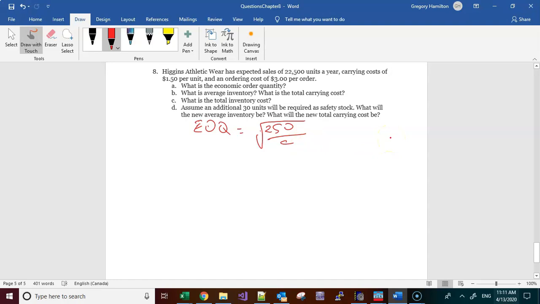So what do these represent? S is equal to sales, O is equal to order cost per order, and C is equal to carrying costs per unit.